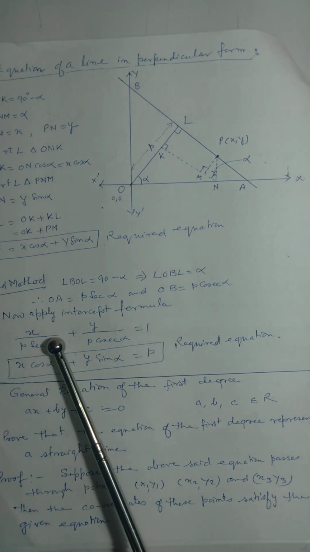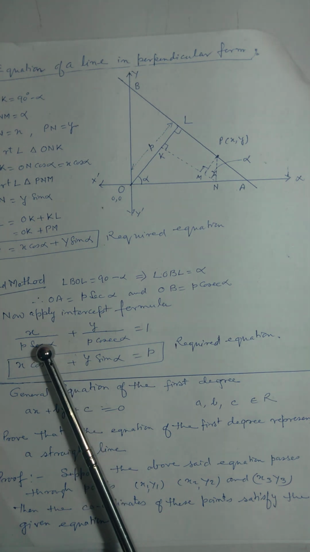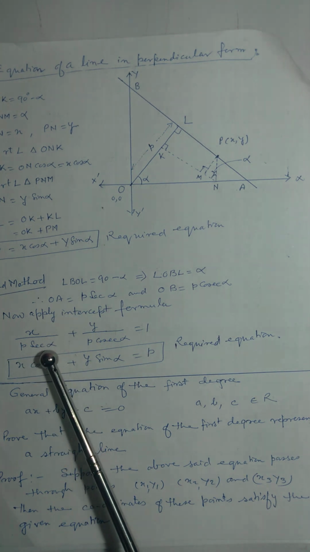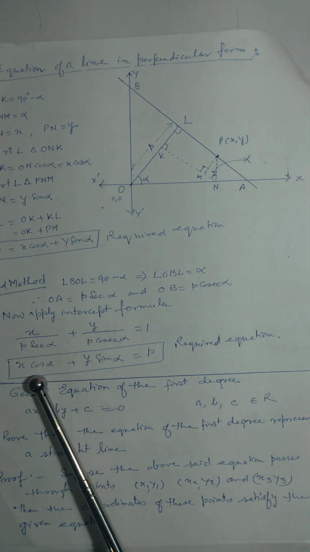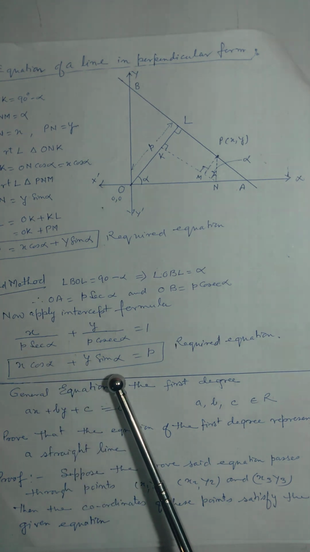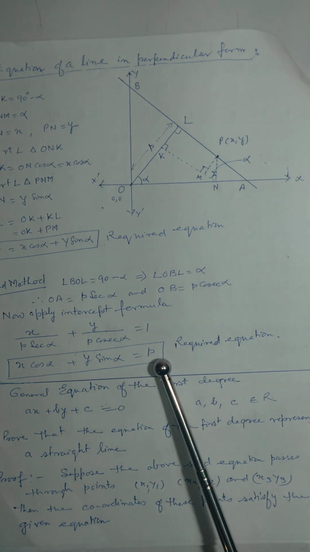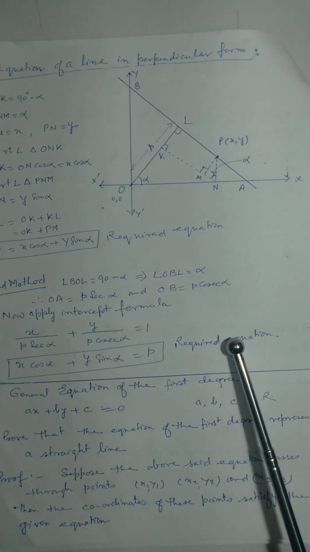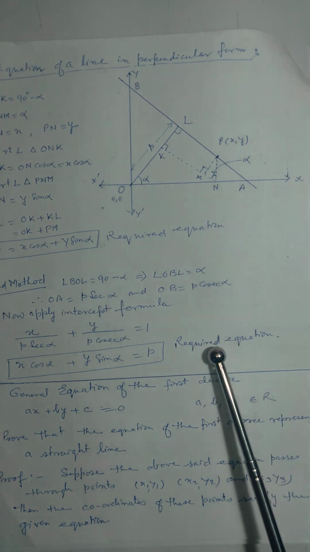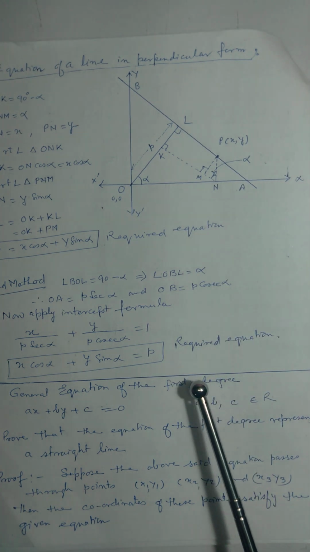The reciprocal of sec alpha is cos alpha, so x cos alpha plus y sin alpha is equal to p. This will be the required equation of a line in the perpendicular form.